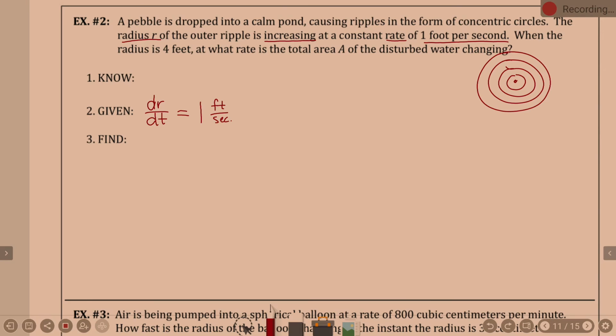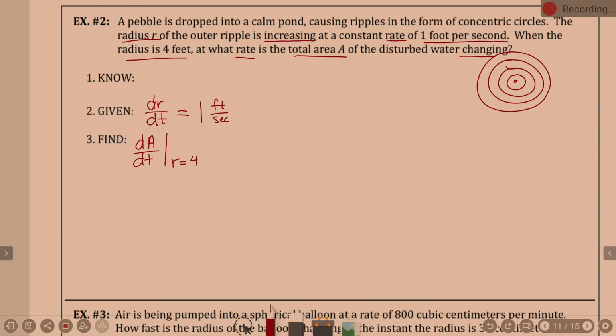When the radius is 4 feet, at what rate is the total area of the disturbed water changing? What are we being asked to find? We're being asked to find dA/dt when r equals 4.